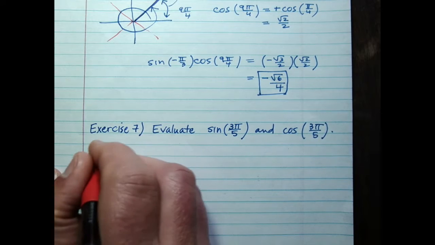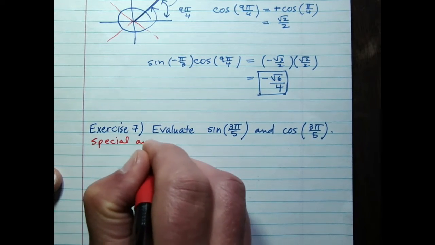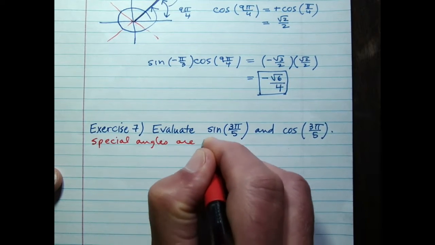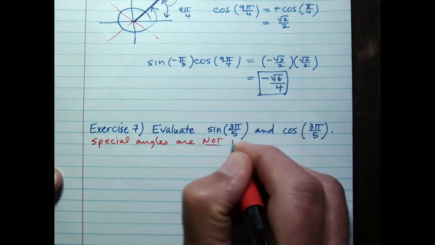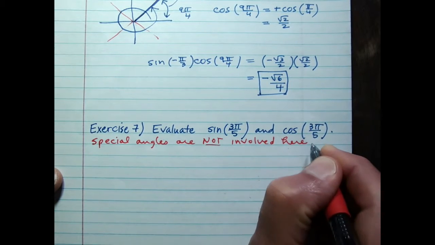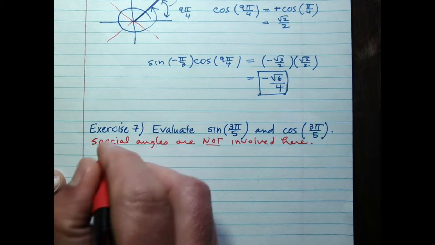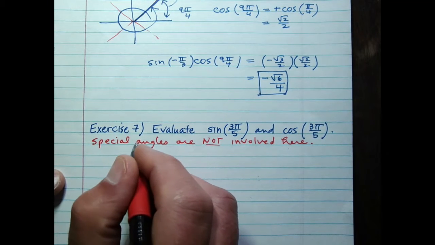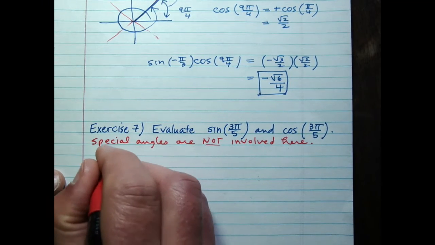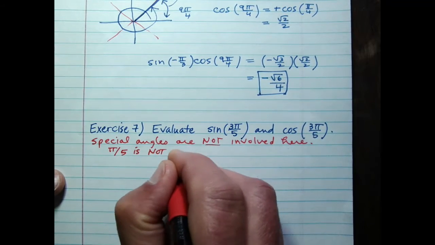So in this one, the special angles are not involved here. The special angles are like 30, 45, 60 degrees, or in radians, pi over 6, pi over 4, pi over 3. Pi over 5 is not a special angle.